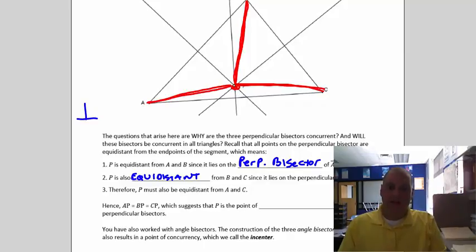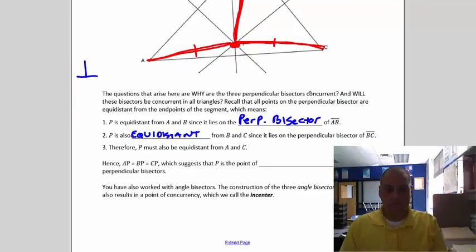So if you connect that point of concurrency, that circumcenter, I'm going to just mark it congruent, equal, just by putting a little hash mark on there. Those are all the same length because of it being the circumcenter. Which suggests that P is the point of concurrency.